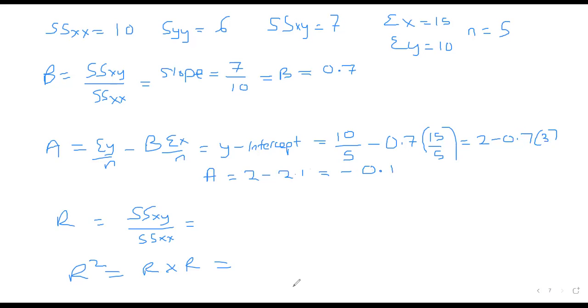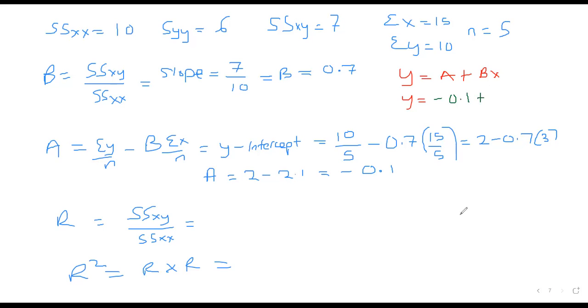So we know that our regression equation is given by what? Y is equal to A plus BX. So since we have our A, we're going to substitute what we found on our A. What was our A? Negative 0.1.